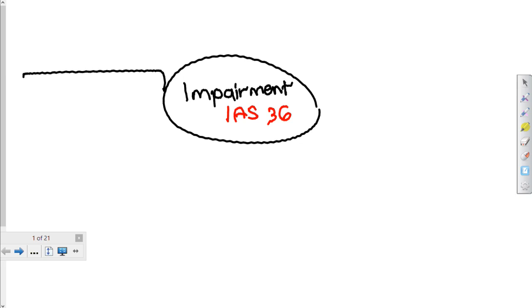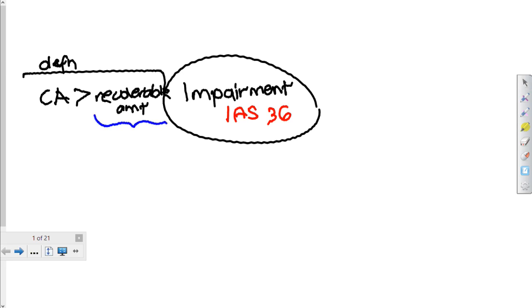But impairment is defined very simply as when the carrying amount of the asset exceeds the recoverable amount. It comes from the asset definition. An asset is a resource controlled by the entity from which future economic benefits will flow.